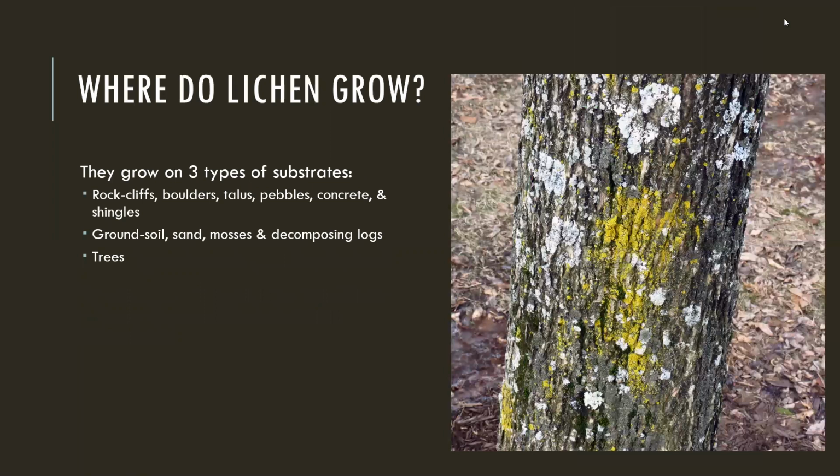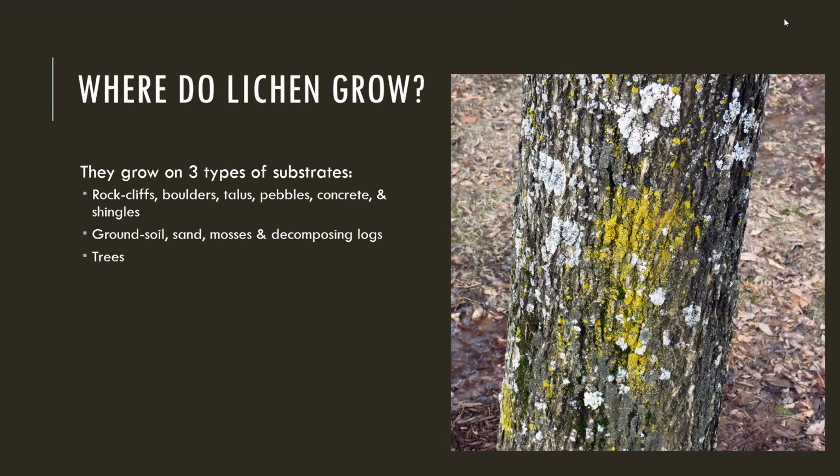So where do lichens grow? Basically everywhere. They grow on rocks, on cliffs, boulders, taluses, pebbles, you name it. They also grow on the ground, whether it's nice soil or sandy, mossy, or even on decomposing logs. Lichens also grow on trees, which as you all know, because the South Coast is covered in lichen right now, thanks to dead and dying trees.